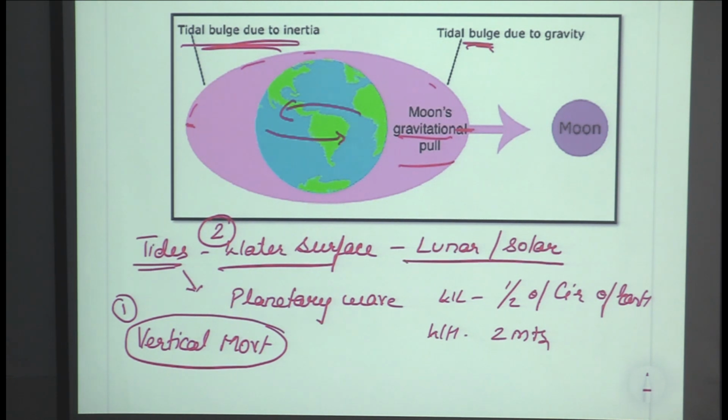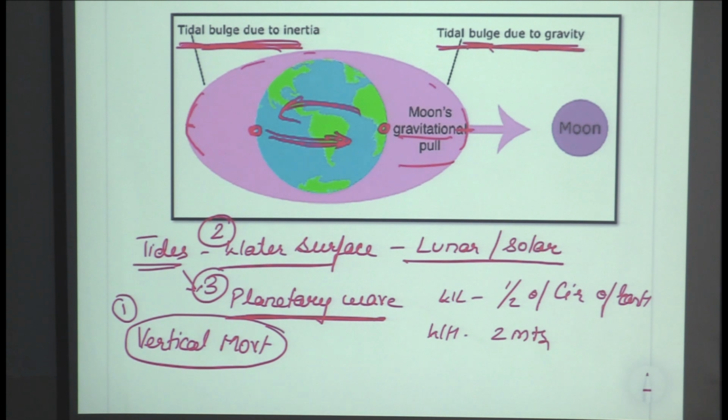But why tide always develops a planetary wave? Because every tidal attractive bulge due to inertia develops equal and opposite centrifugal bulge. And as I take the inertia which is caused by the spin of the Earth, so automatically at point here and point here I am having attractive and centrifugal bulge.